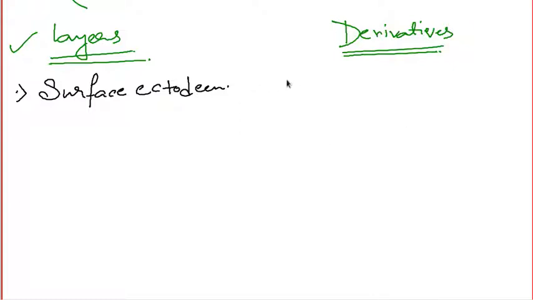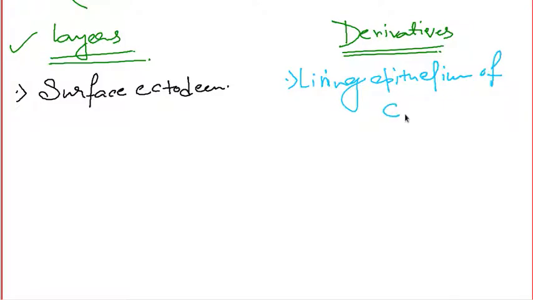First point is lining epithelium of cornea and conjunctiva.